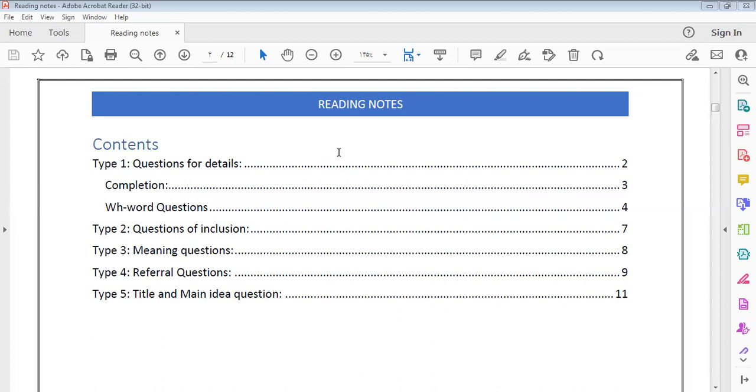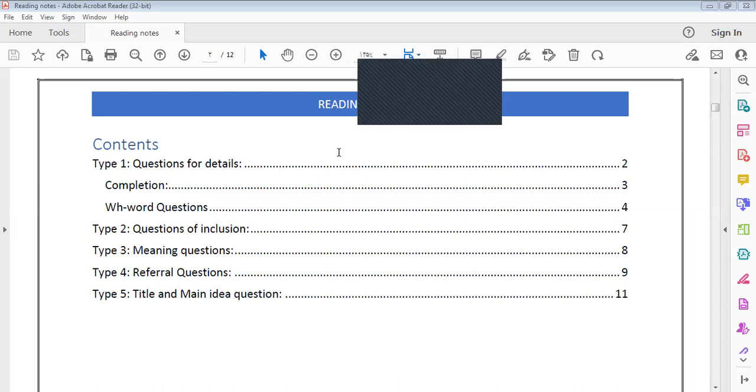As you know, for reading we only have 10 questions, including different types. Today we will cover each type, and we will know together how to answer the question properly.